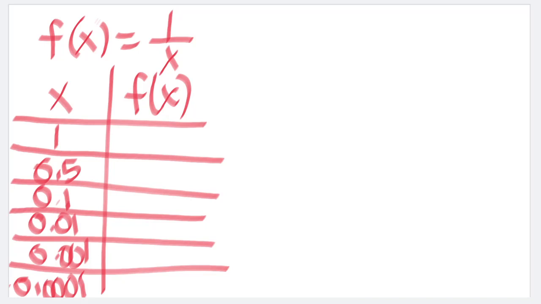Relatively large. When x is equal to 1, your f of x is 1. When x is equal to 0.5, your f of x is equal to 2. When x is equal to 0.1, that becomes 10, right? Then 100, 1000, 10,000.